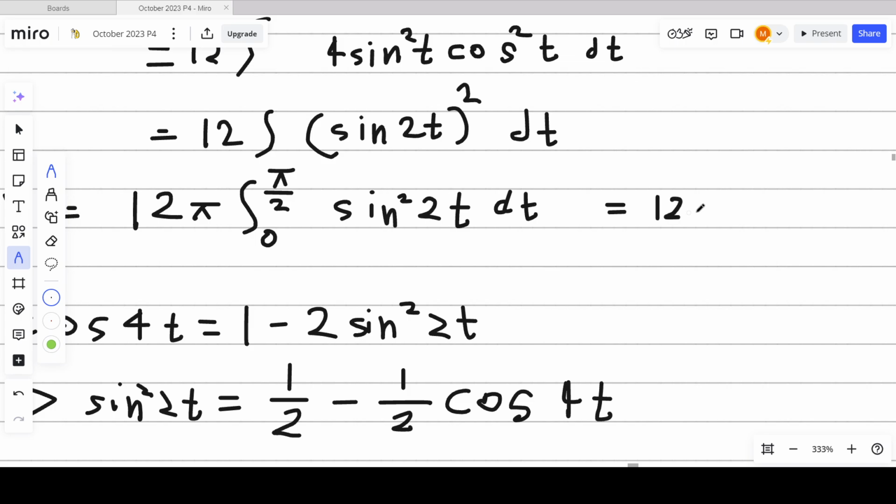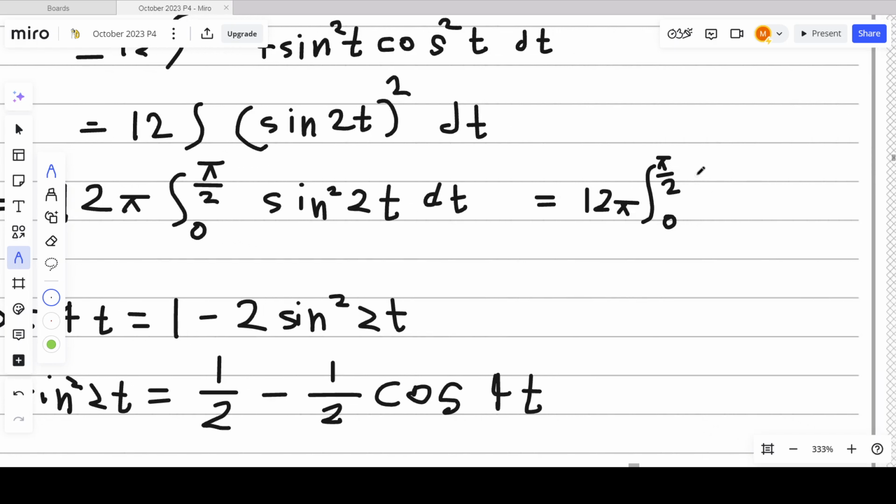12 pi, the upper limit is pi over 2 and the lower limit is 0. And sin squared 2t is half of 1 minus cos 4t. We can take half common, right? If you take half common, half will get multiplied with the 12 pi outside the integral, and then it will be 1 minus cos 4t dt.